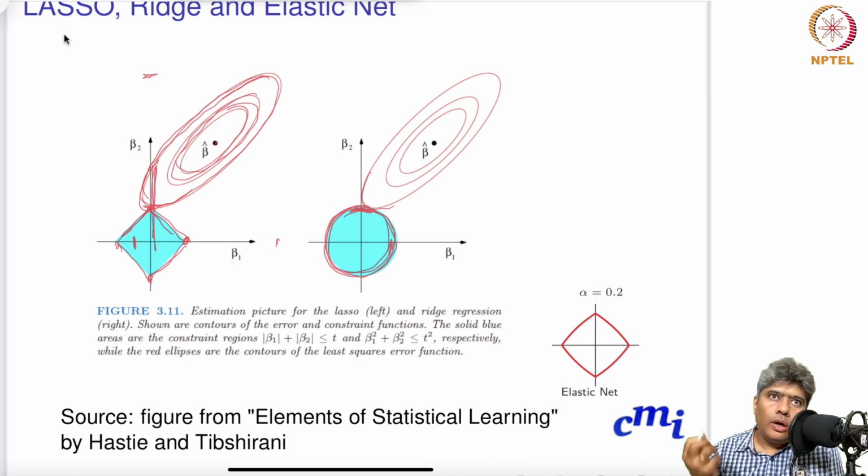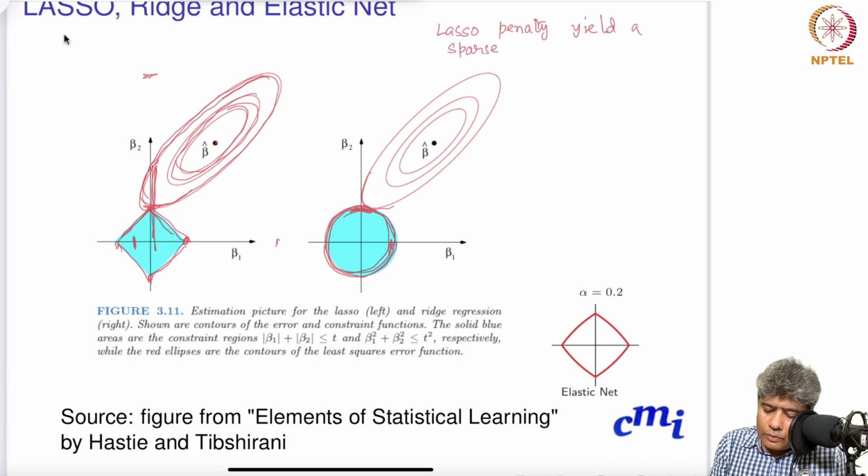So the Ridge penalty does not yield a sparse solution, but the LASSO penalty yields a sparse solution. So what do I mean by sparse solution?